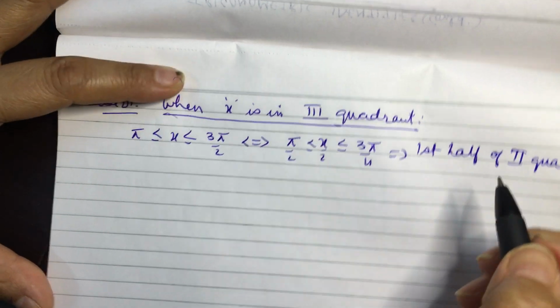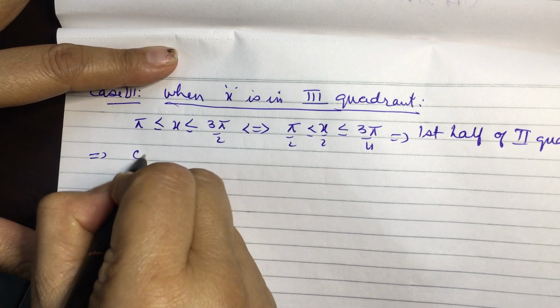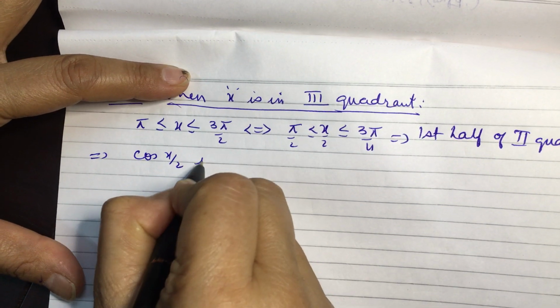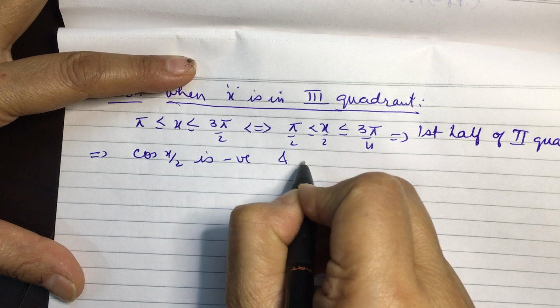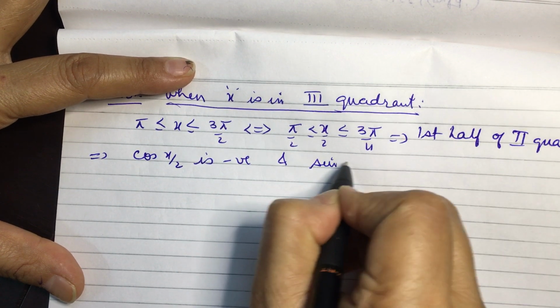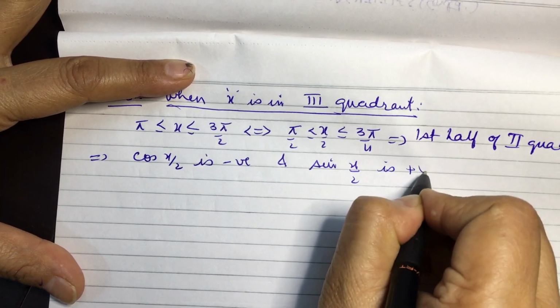Now in the second quadrant, it implies that cos x by 2 is negative and sin x by 2 is positive.